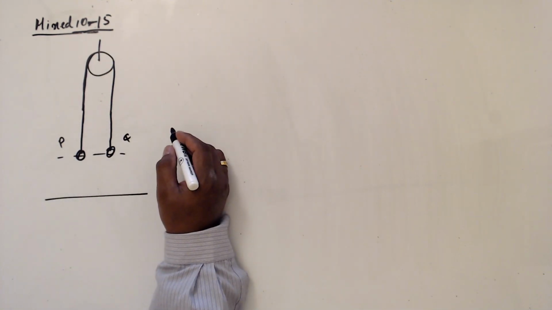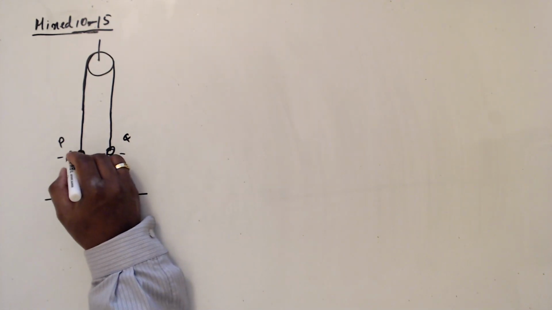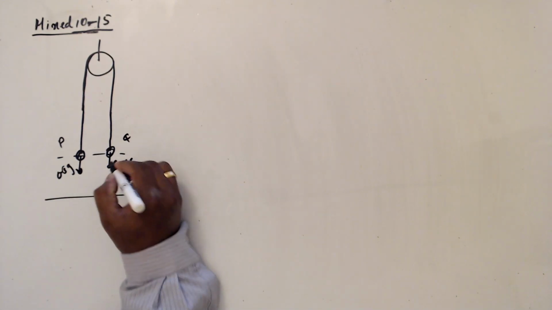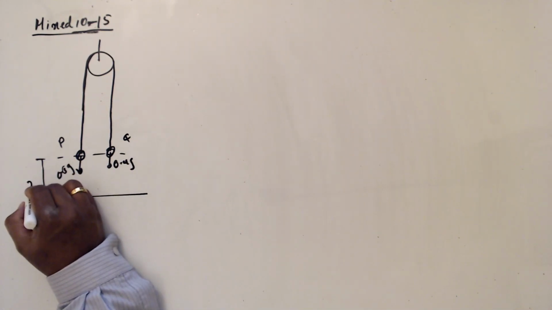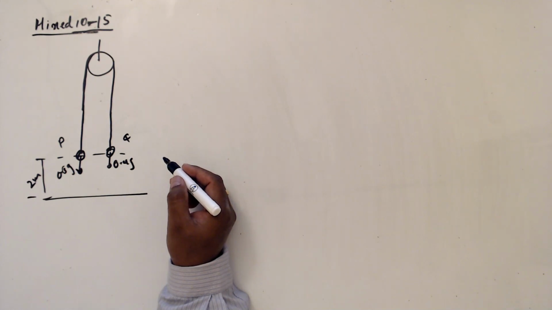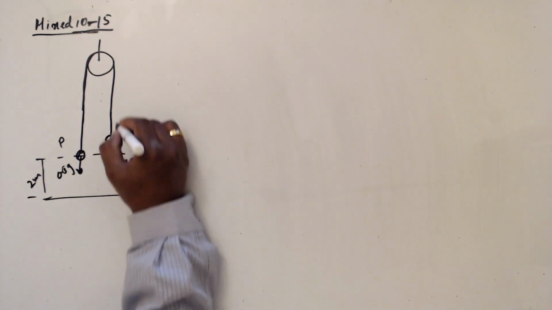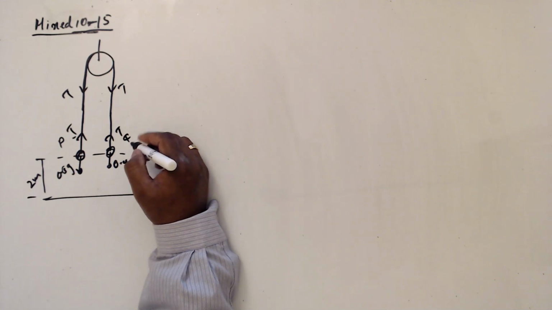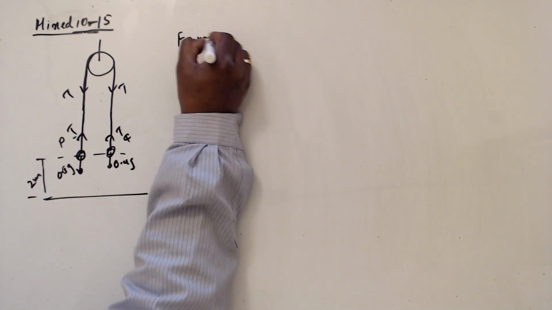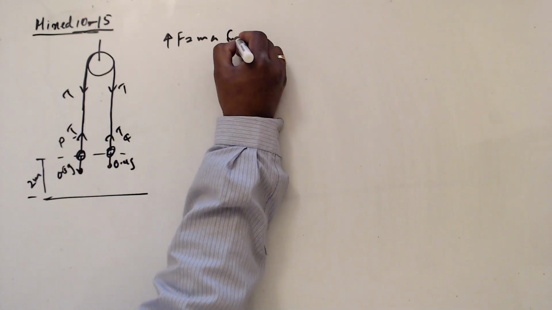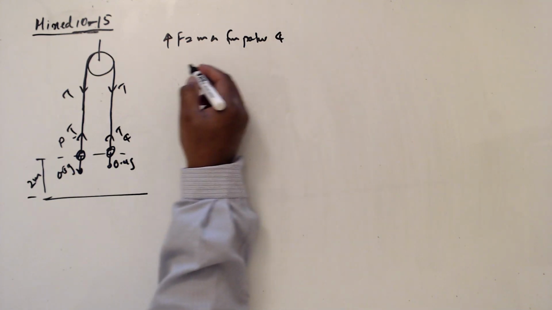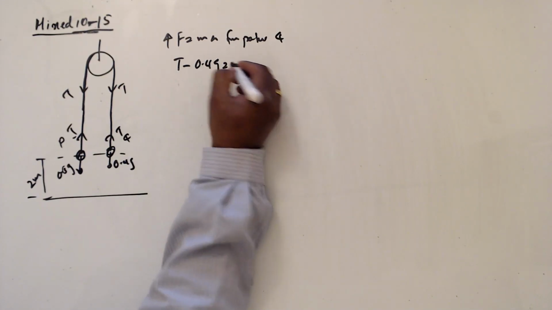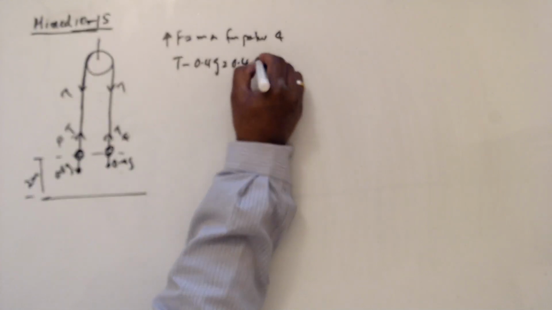Question number 15. So two particles are hanging like this. This is 0.5 g, and this is 0.4 g, and above the ground it is 2 meters. Now this is tension T, T. So we have to write equations for P and Q. F equals ma upward for particle Q: the forces are T and 0.4g, so T minus 0.4g equals mass 0.4 times A, and A we don't know.